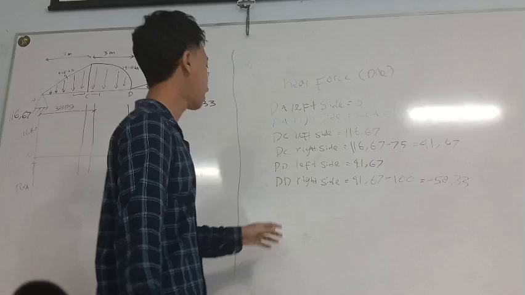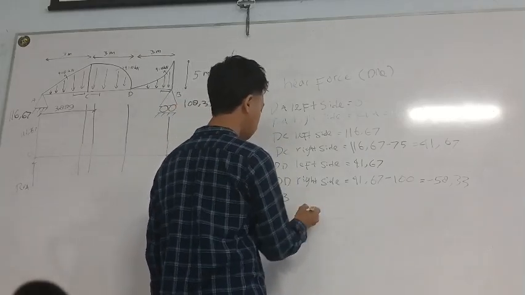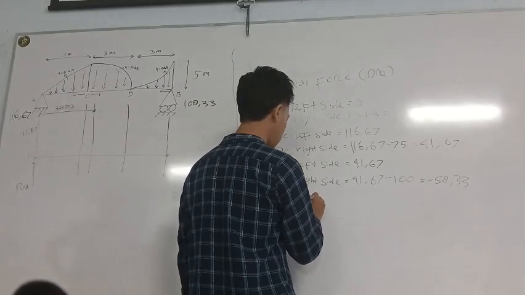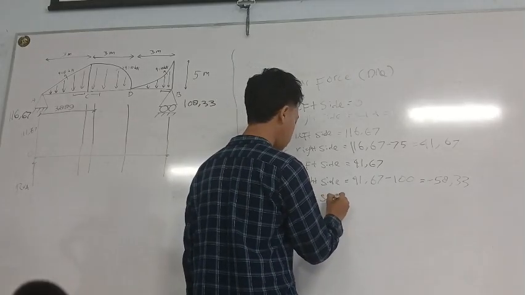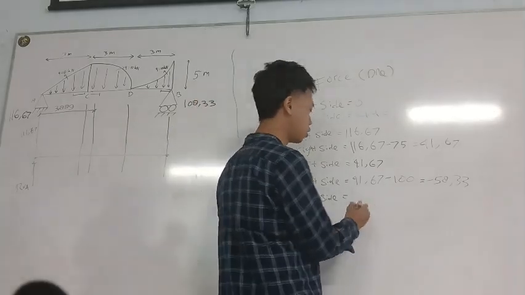And then the last point is DB. On the DB left side is equal to DT right side.